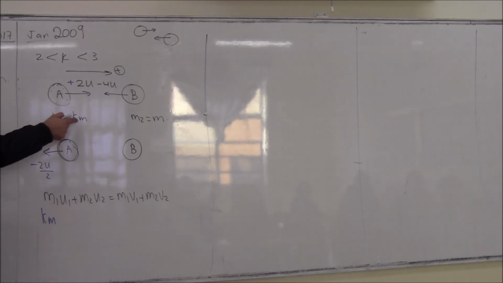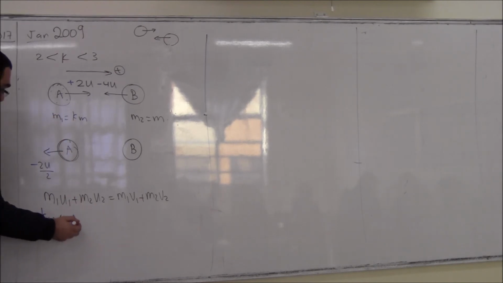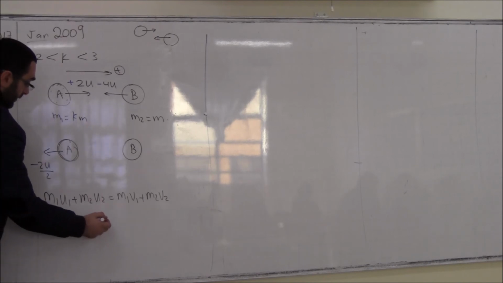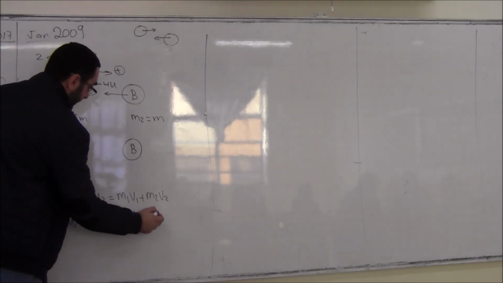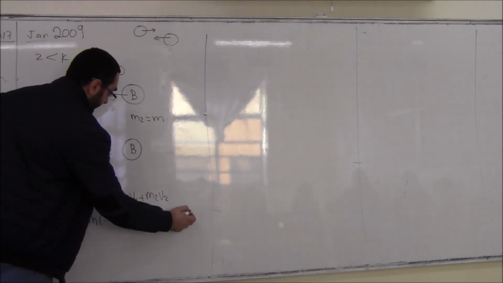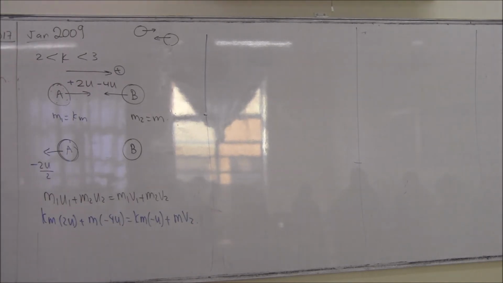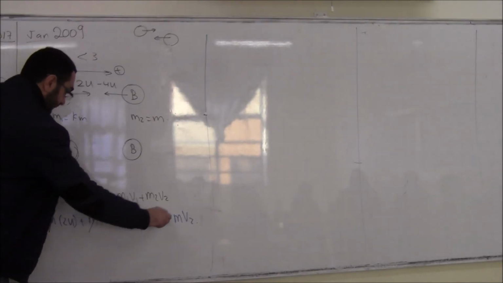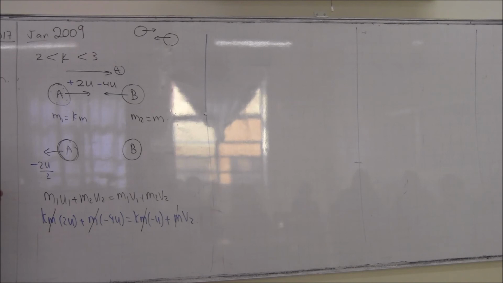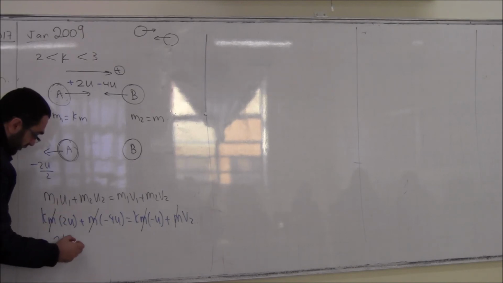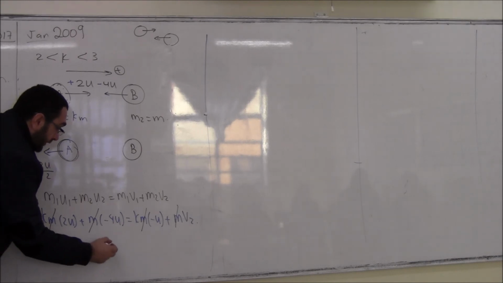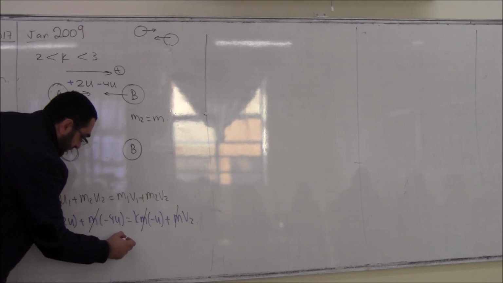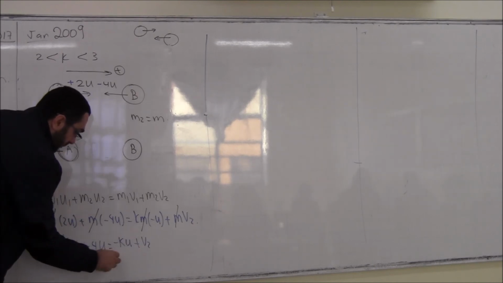Substitute now: km times 2u plus M times minus 4u equals km times minus u plus M times v2. Look here, I can cancel out M from all the sides. 2ku minus 4u equals minus ku plus v2.